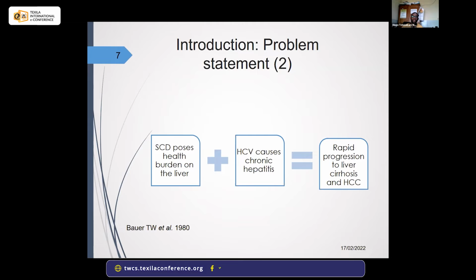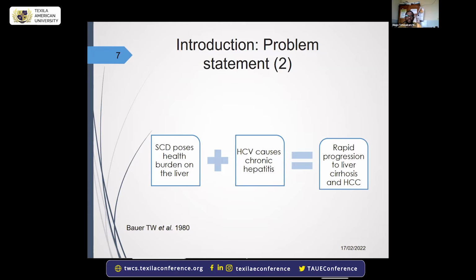So sickle cell patients already have a chronic hepatic condition. A concomitant infection with hepatitis C will lead to rapid deterioration of this hepatic condition, and may rapidly lead to hepatitis, liver cirrhosis, or hepatocellular carcinoma.